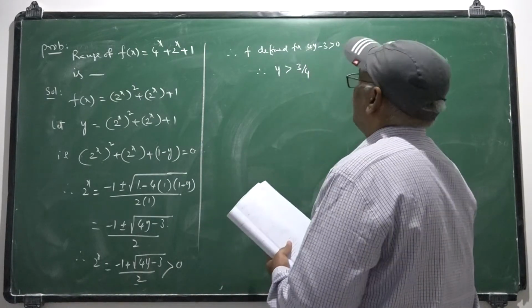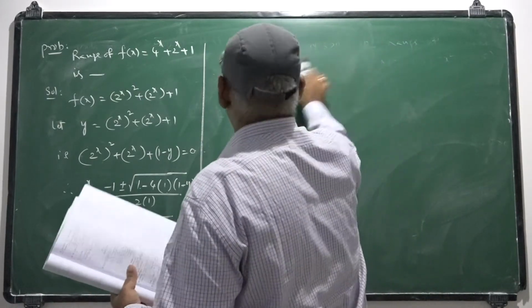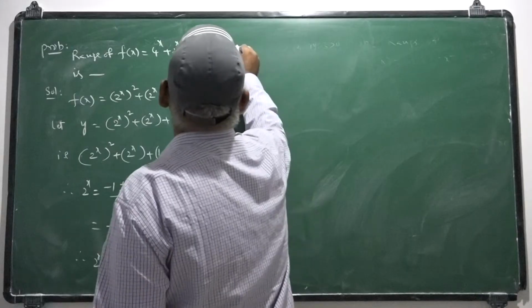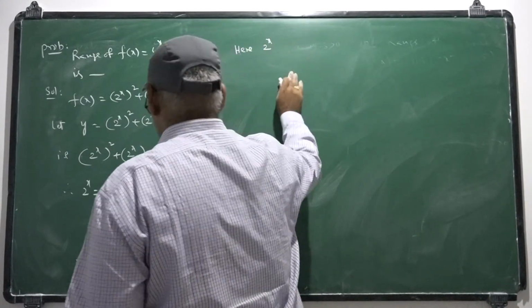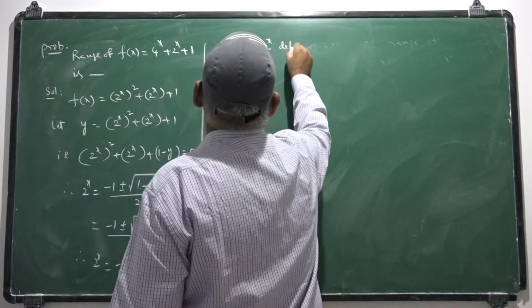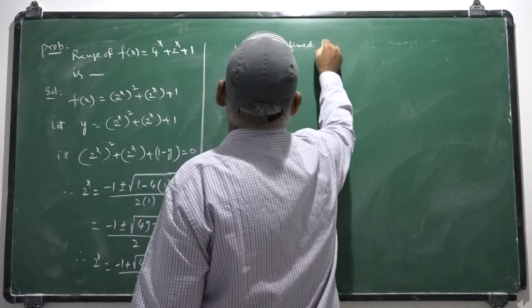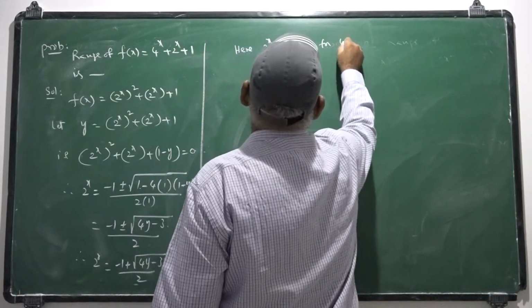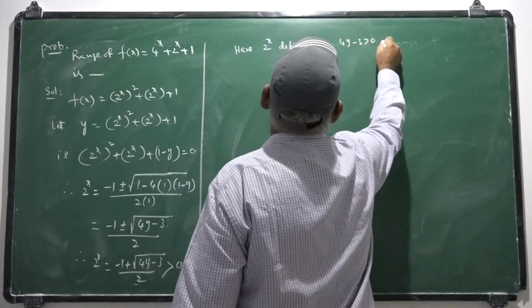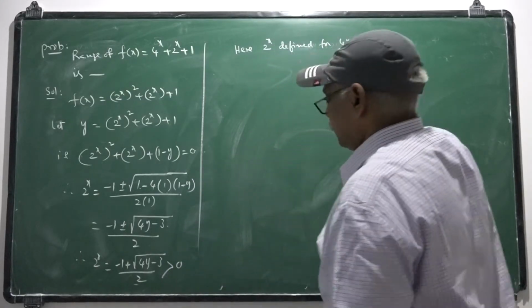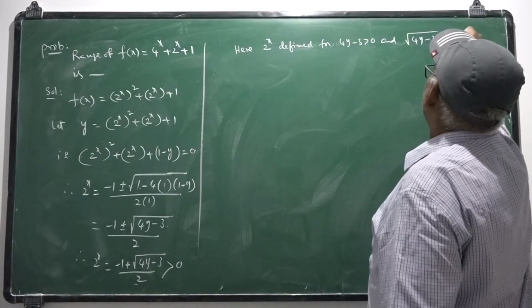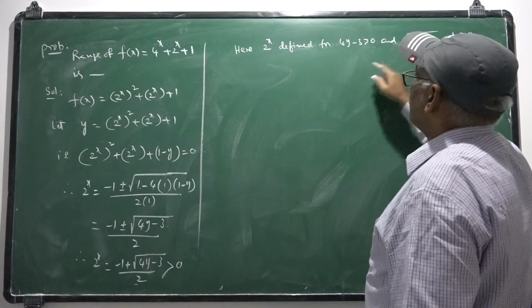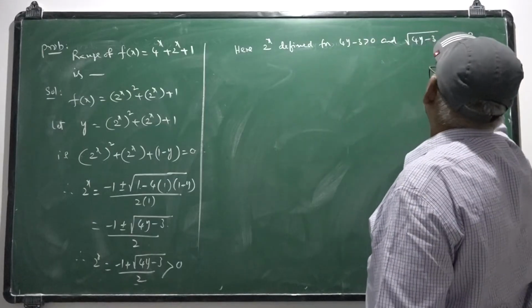So let us consider like this. So here 2 power x is defined for 4y minus 3 positive, and moreover, root of 4y minus 3 minus 1 is positive because 2 power x is positive.